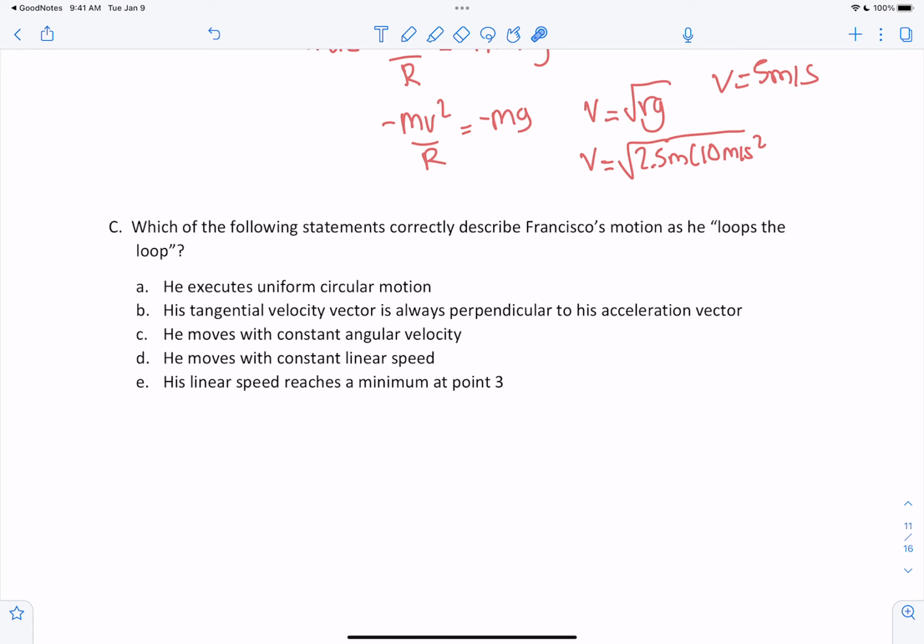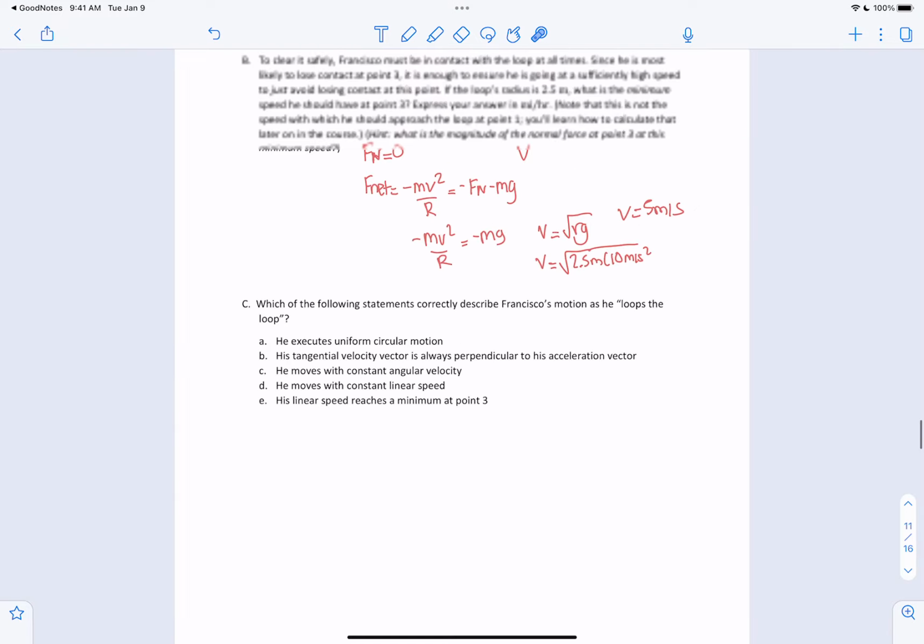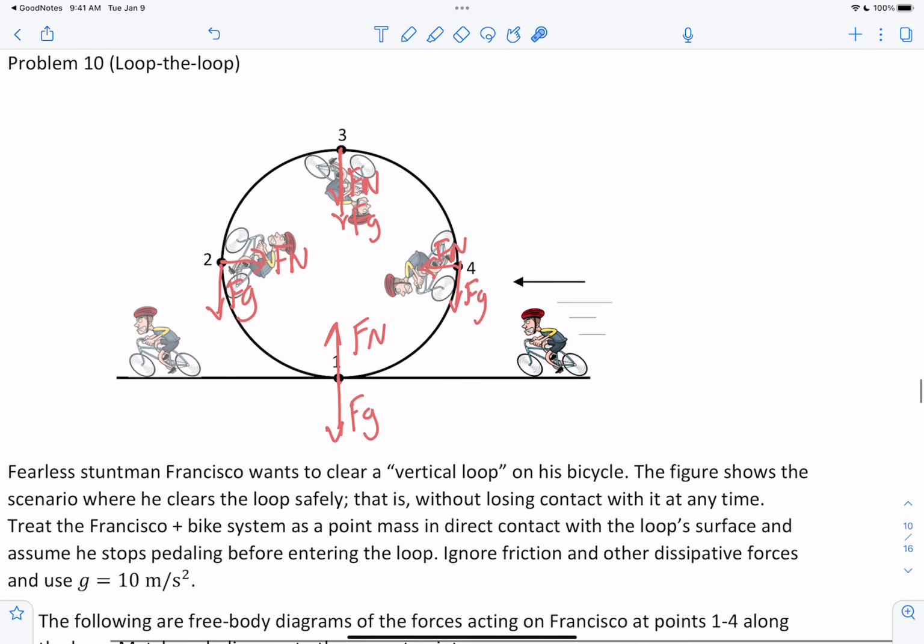And so, for the idea that his tangential velocity vector is always perpendicular to his acceleration vector, well, acceleration is always pointing towards the middle, right? So the net force isn't always perpendicular to the velocity here.